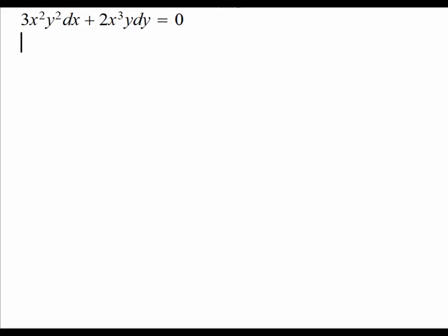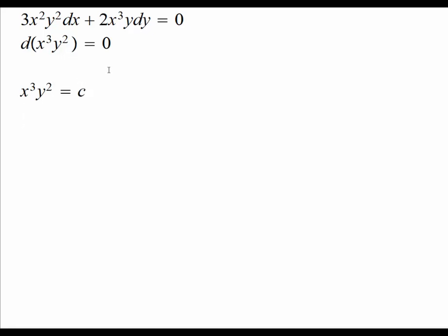So what you can see right here is that this left hand side is the differential of x cubed y squared. And now if you take the antiderivative, then on the left hand side we have x cubed y squared, and on the right hand side we will have a constant.